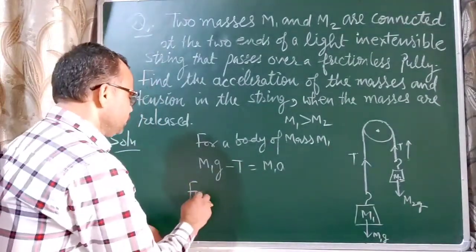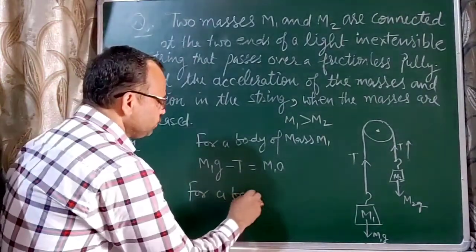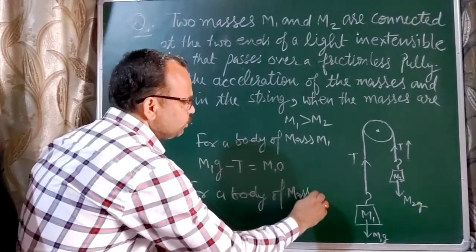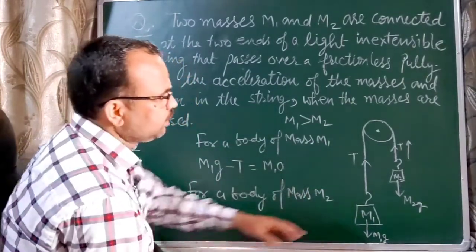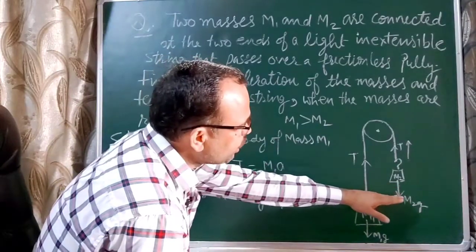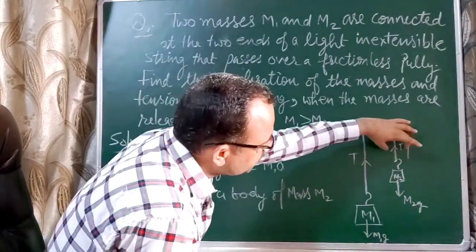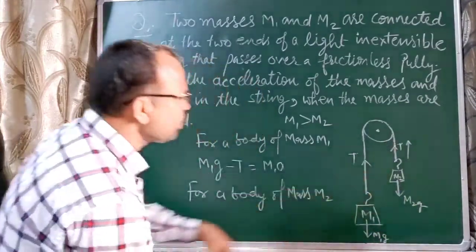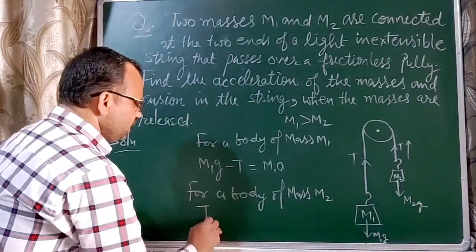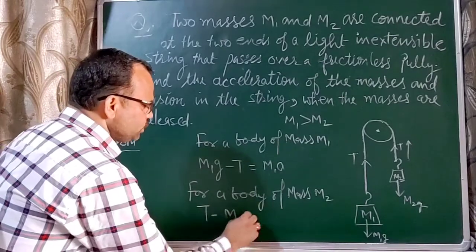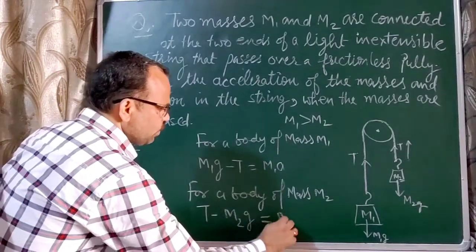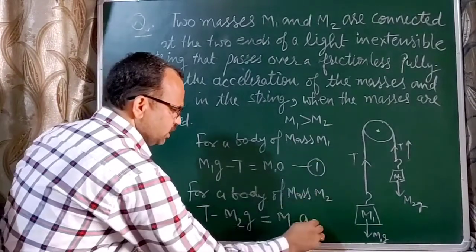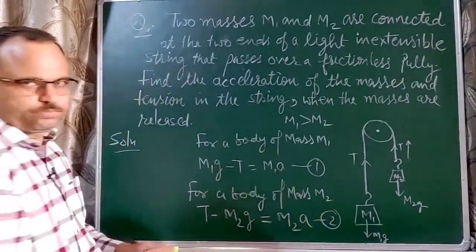Similarly, for a body of mass m2, the body is moving upward. It means T is greater than m2g, and the resultant of these two forces will be T minus m2g equal to m2a. So this is equation number 1 and this is equation number 2.